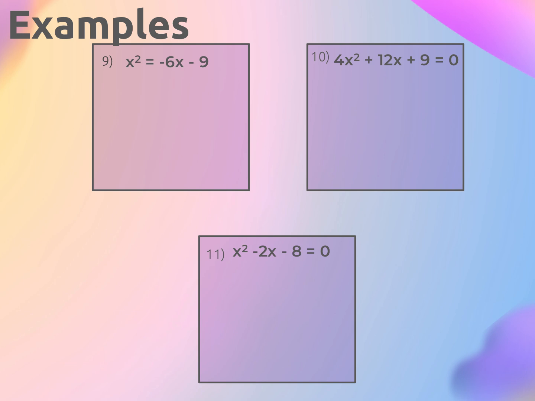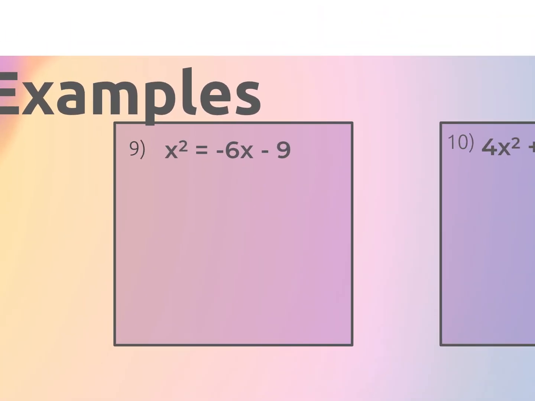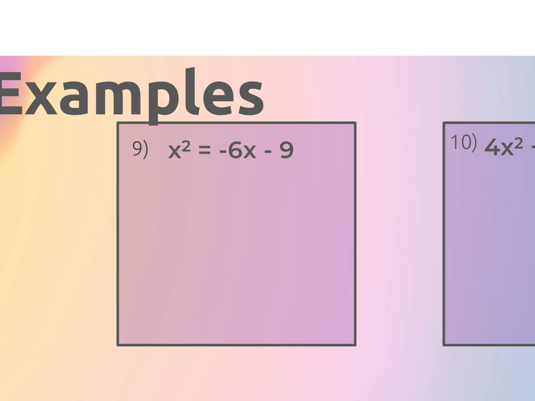All right, when you look at something like number 9, again, you want to get everything to one side of the equation, set the entire thing equal to 0. Is that done here? No, it is not. So we want to move everything to one side of the equation. You could move the x squared to the other side, but then you'd have a negative x squared.